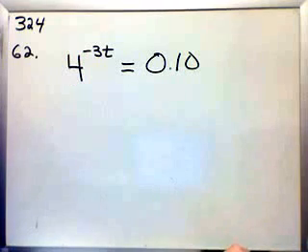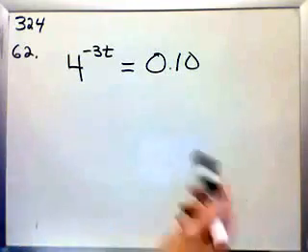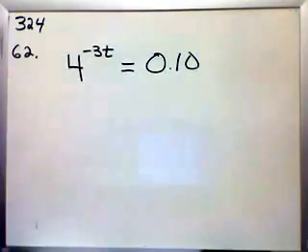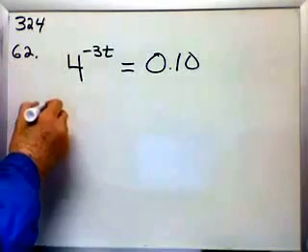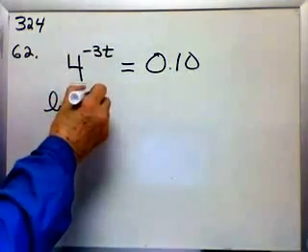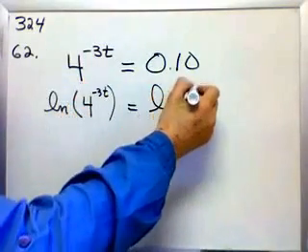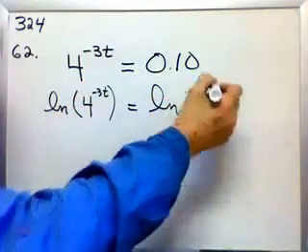Well, just like all those methods in algebra, you can use logs to solve both sides, or natural logs, as long as you do whatever you do to one side, you do to the other. So we're going to take the natural log of this side. So ln of 4 to the negative 3t equals the natural log of 0.10.